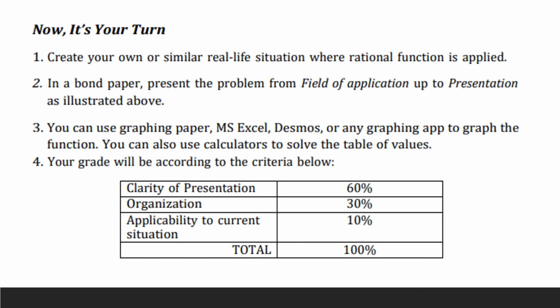So, kahit may nagtanong sa akin, in a bond paper daw, pwede bang hindi na? Yes po, pwede na. Yellow paper. Present a problem from field of application. So, it's up to you kung anong gagamitin nyo. Cost of living, average cost, medical dosage, and so on to presentation as illustrated above. So, same as example ang gagawin ninyo po. Kahit hindi na po tayo gumamit ng MS Excel, just use your yellow paper, tapos mag-draw na lang kayo ng parang graph doon or table.